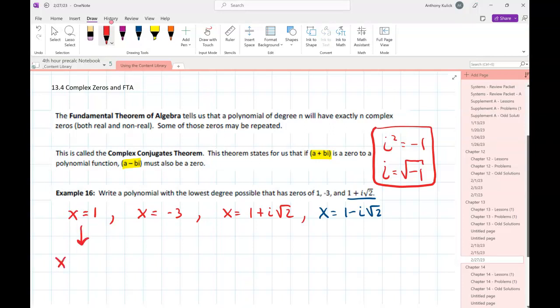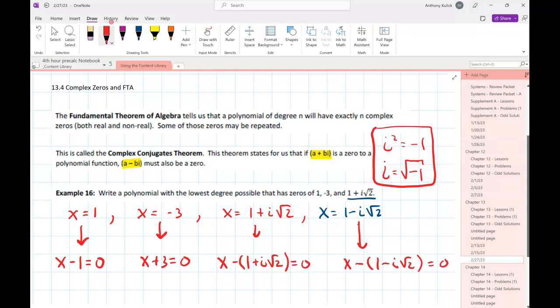So what I'm going to do then is turn them into equations that are equal to 0. And I'm going to subtract those pieces over like this.